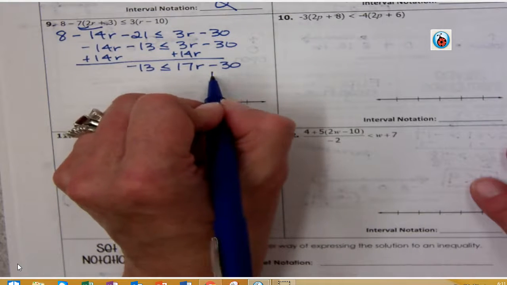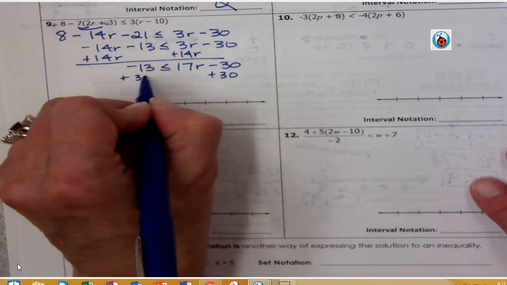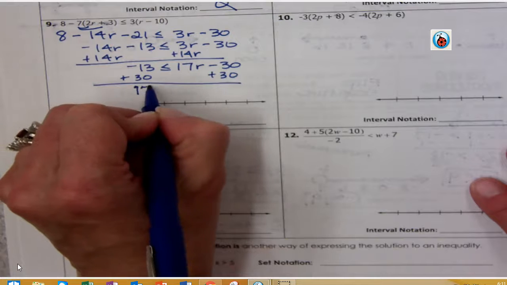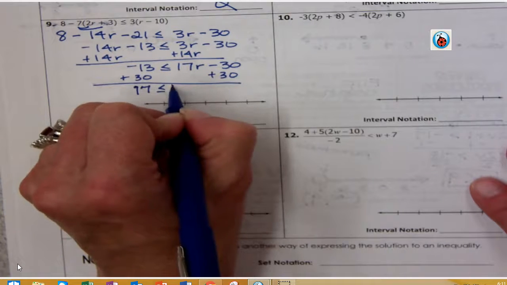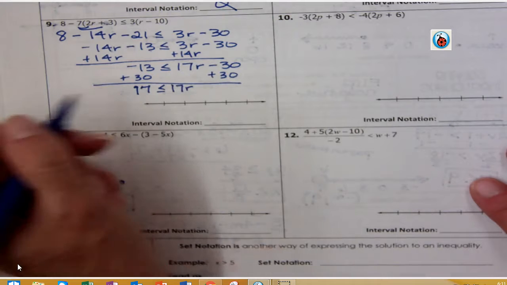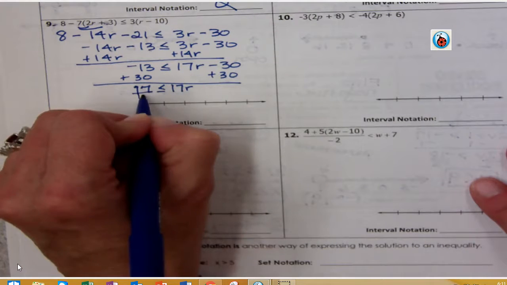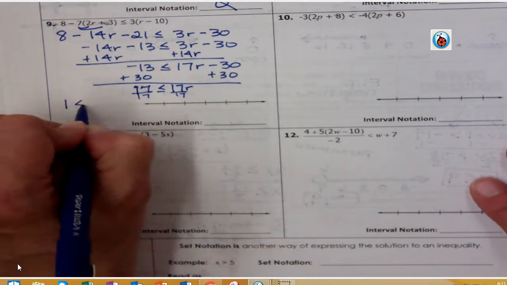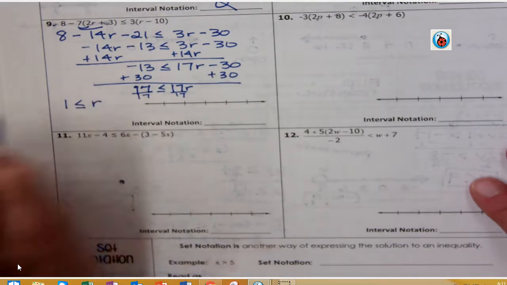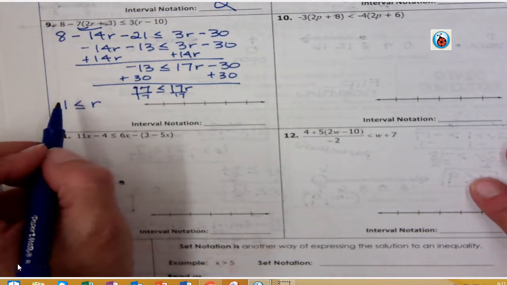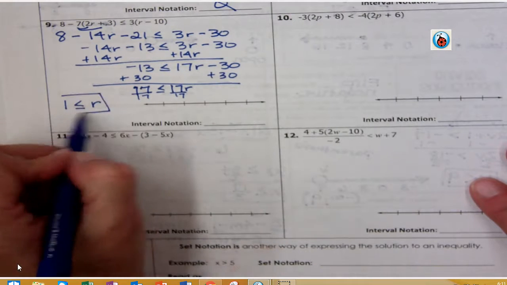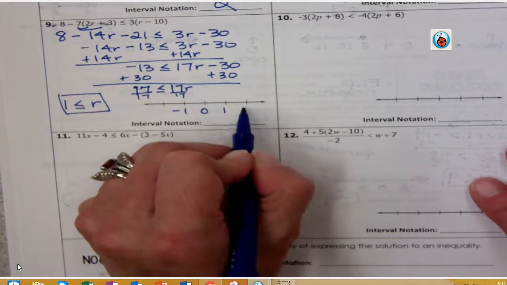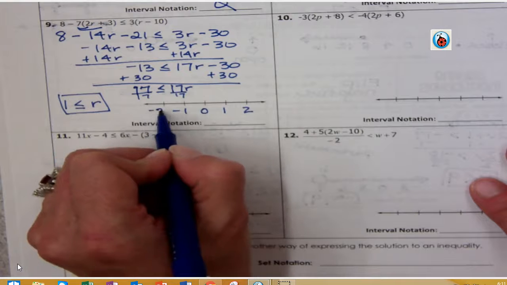Now, I'm going to add 30 to both sides. I'm going to be left with 17 less than or equal to 17r. Divide both sides by 17. And I'm left with 1 is less than or equal to r. So to graph that, you can number your numbers however you want.